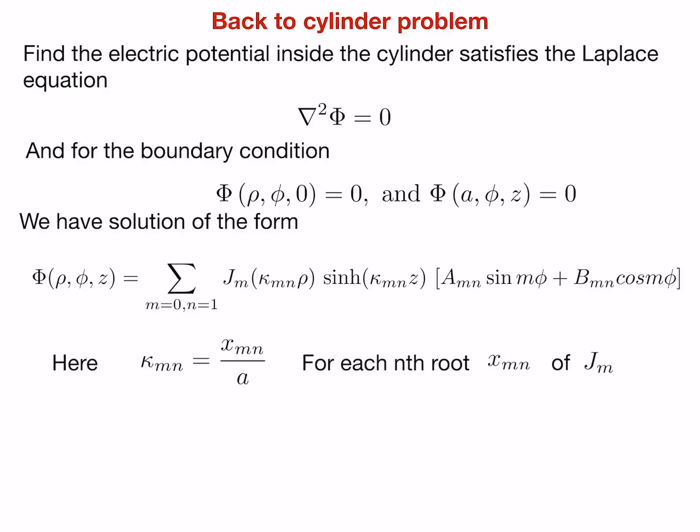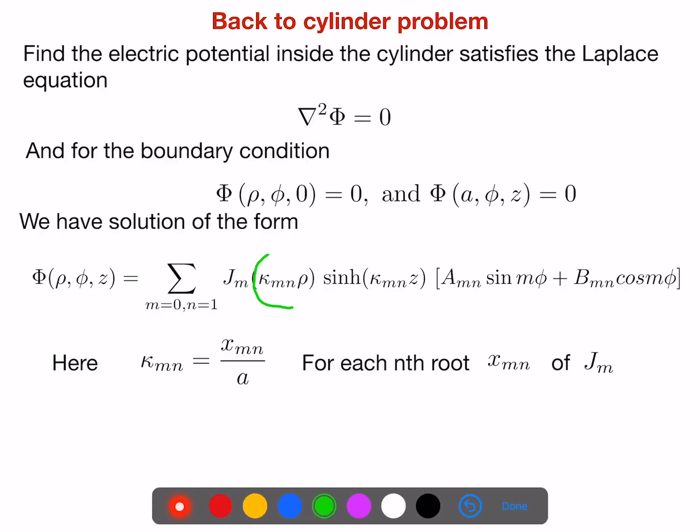So the argument in the Bessel function would correspond to a root of the Bessel function, then the condition at rho equal to a is naturally satisfied.